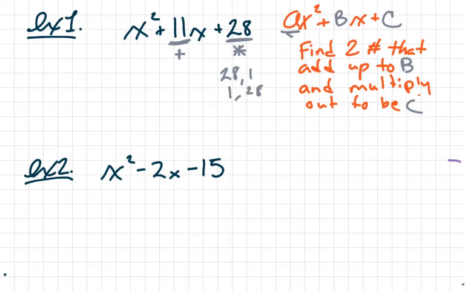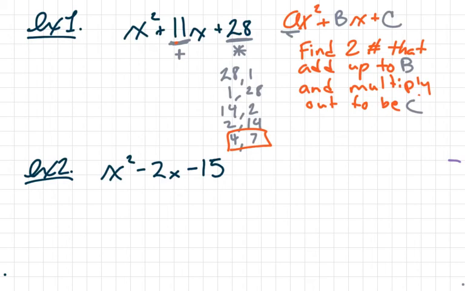We have 14 and 2, 2 and 14. None of these work so far. Okay, we split this and we have 7 and 4. Oh, 7 and 4, this adds up to be 11, right? 7 plus 4 is 11.